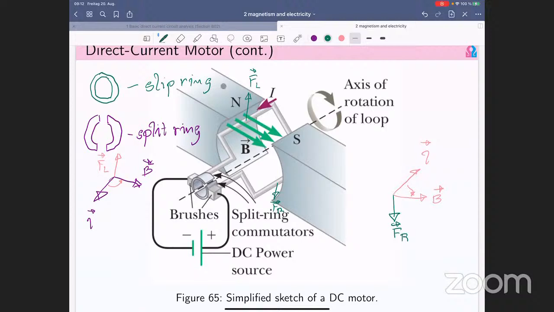And this conductor will rotate according to the rotation direction here, in this way.